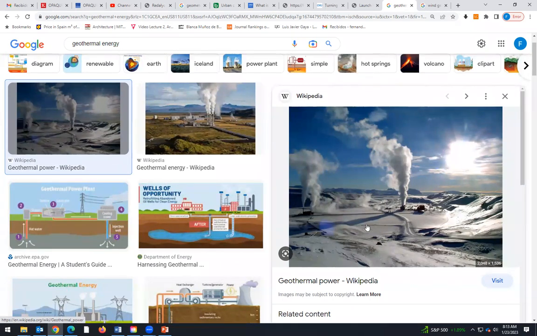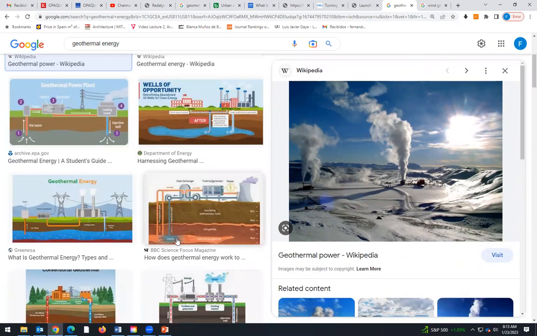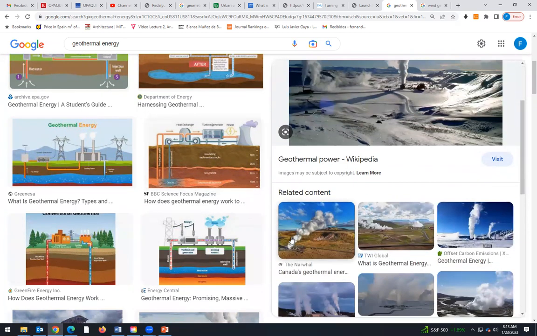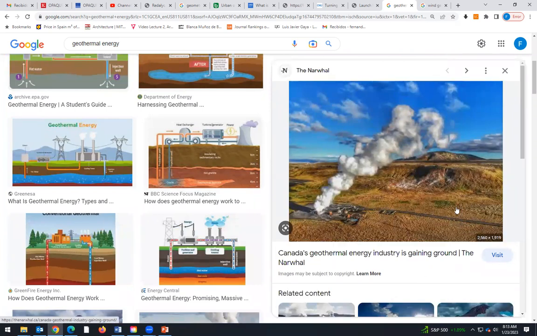So it's not just right here, but at 500, 600 feet, we can have enough heat, and then we can extract that heat and move turbines, and generate electricity again. So that's the geothermal, and it happens at specific points on Earth in which we have this heat source close enough to the Earth's surface. So that's the geothermal energy.